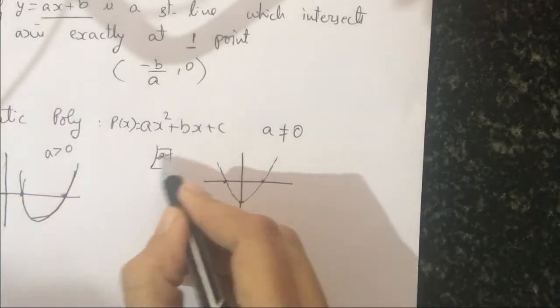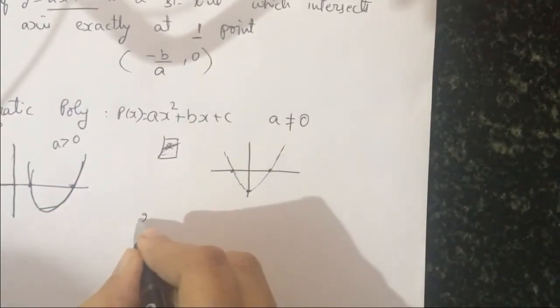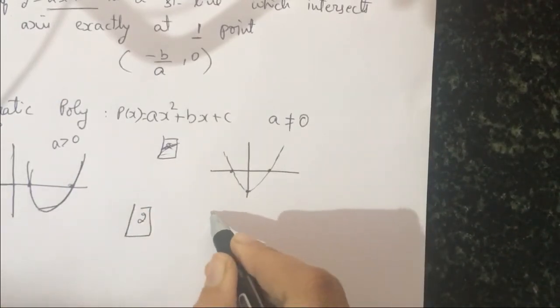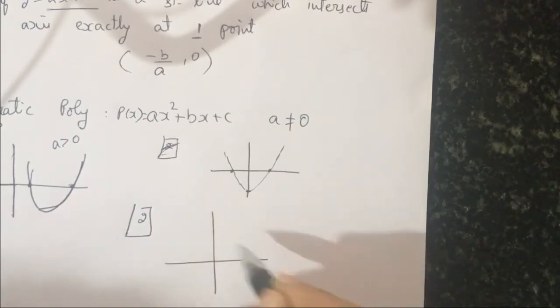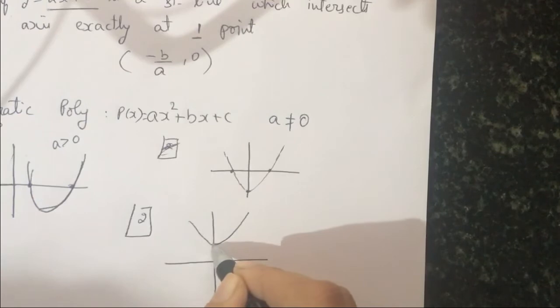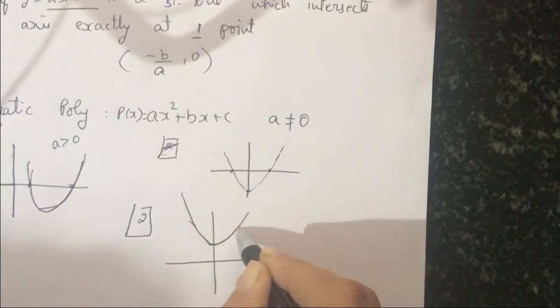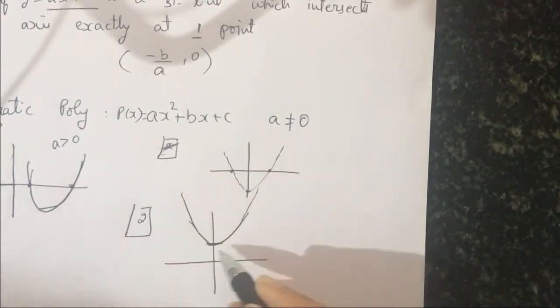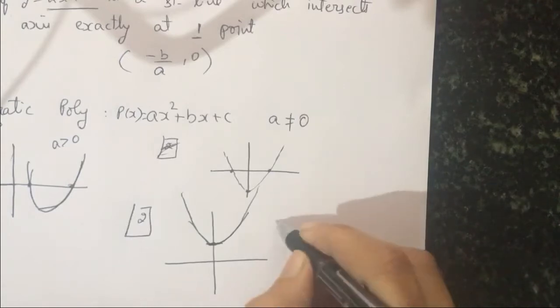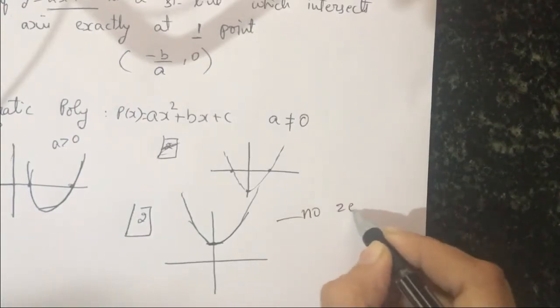Here also 2 points. The second case is something like this. It will not cut the x-axis. See here, this point is on the y-axis and it will never touch the x-axis. So in this case, no zeros.